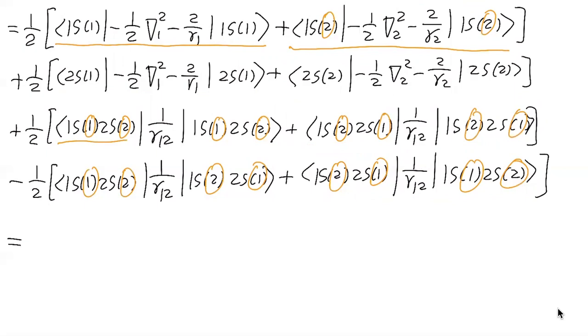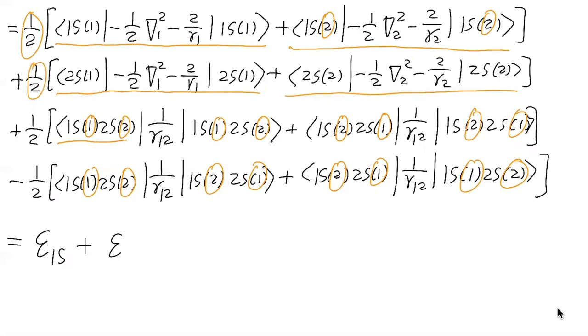And divided by 2, you get the 1s orbital energy, right? For the second row, this is the 2s orbital energy. This is also the 2s orbital energy. And of course, divided by 2, you get one 2s orbital energy.